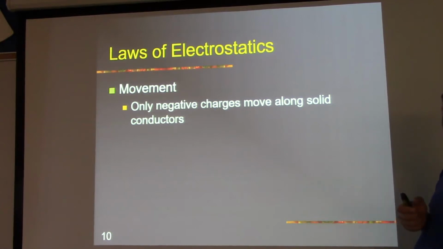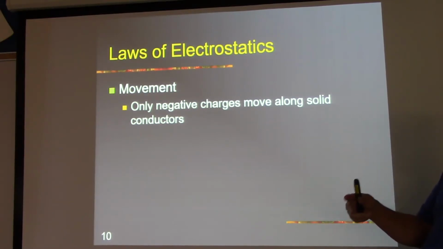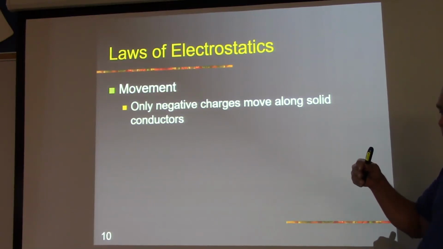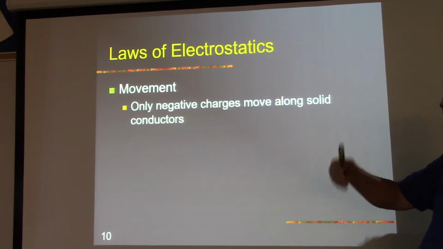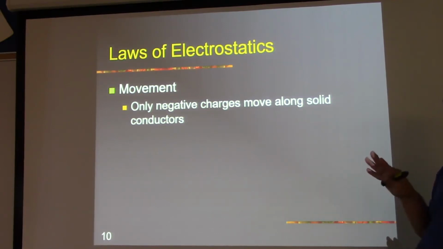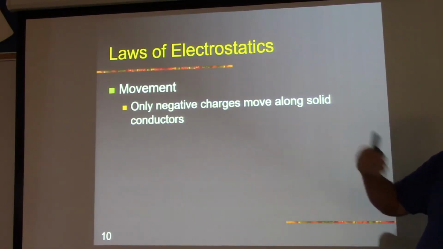Now remember, negative charges are the only ones that move. And in reality, the negative charges don't move that much. As you charge, think of it kind of like a bucket brigade. As an electrical charge enters a conductor, it's going to either push or pull on the electrons in that conductor, and if it's pushing on them with a negative charge, then each successive atom is going to push the atom next to it, so it's kind of like a chain reaction or a domino effect.